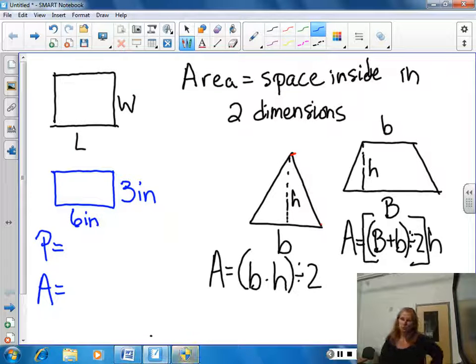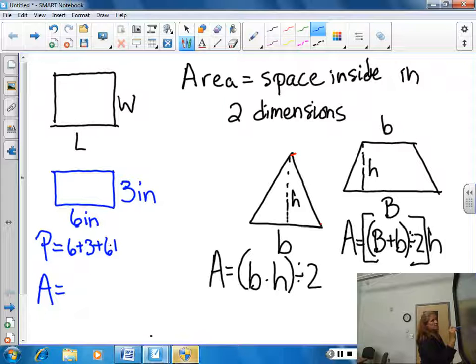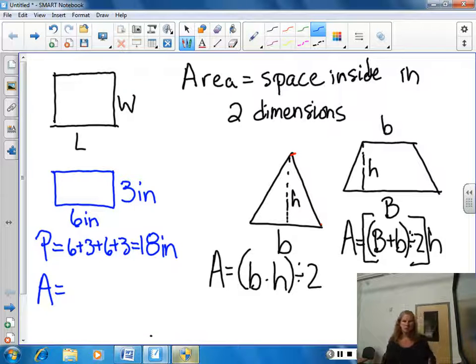Well, perimeter is just add up all the sides. So you would say 6 plus 3 plus 6 plus 3 adds up to 18. And then you have to put on the inches, because that's the unit we were dealing with. Those are linear inches, just straight out inches.